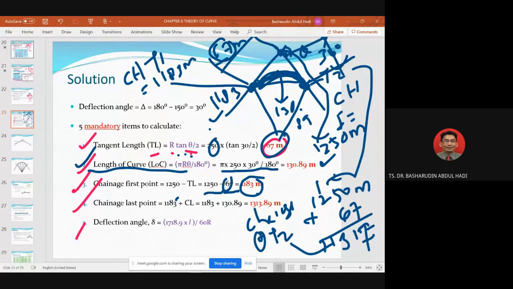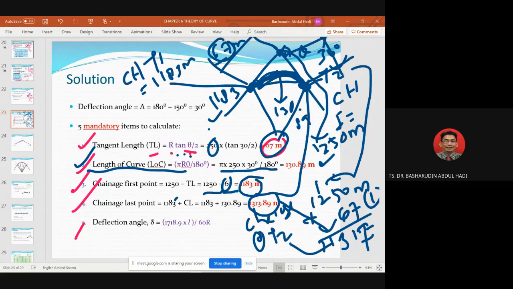So you get this point. The chainage here is 1313.89, or this chainage is like this, 1317. Because this one is method number 1, this one is method number 2.